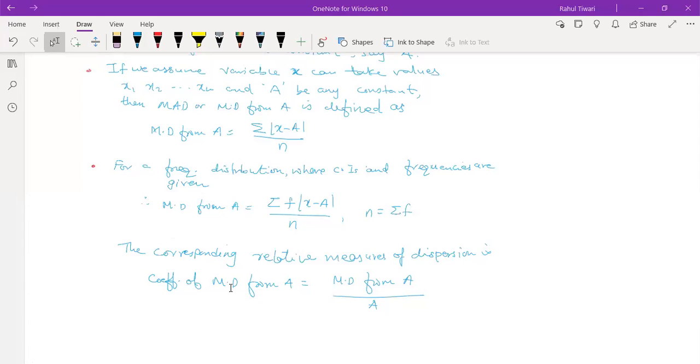So let me know if you have any question related to the definition. Any question? Or let's go to the example.